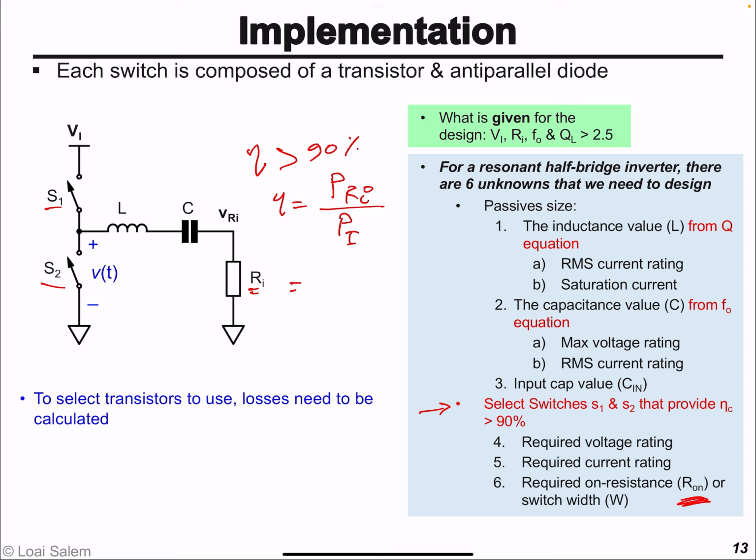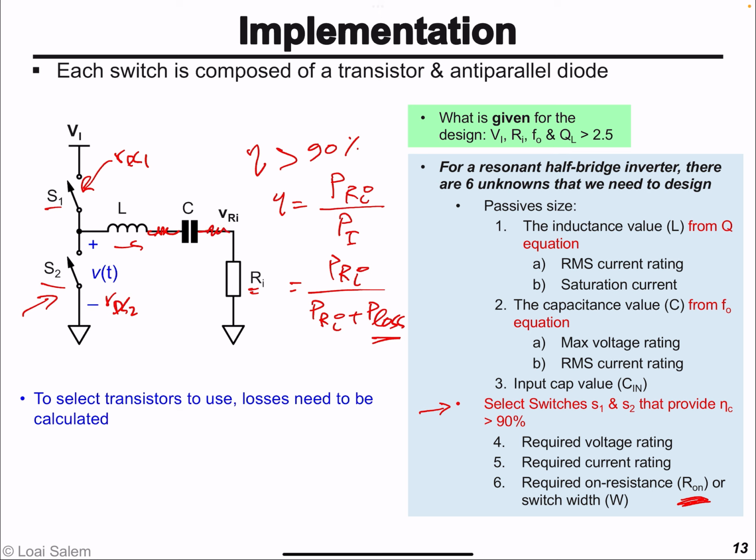And the input power can be rewritten as PRI plus the power losses that happen in the converter. And these power losses originate from the current that's flowing in the switch's equivalent on resistance, RDS1 and RDS2, as well as the resonant current that's flowing in the equivalent series resistance of the inductor and the equivalent series resistance of the capacitor.